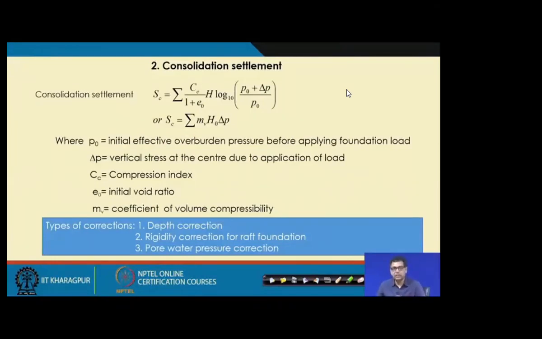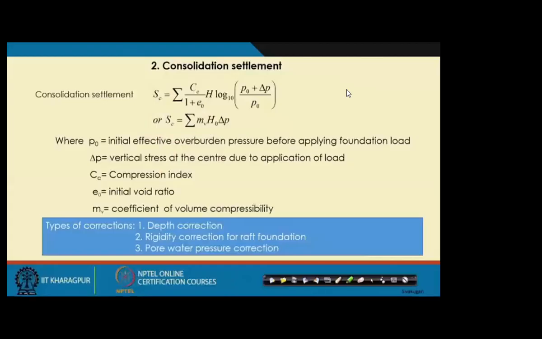Depth correction is common for the flexible footing and the rigid footing or the raft foundation, but rigidity correction is applicable only for the rigid footing or the raft, and not for the flexible foundation. The pore water pressure correction is applicable for both the flexible and the rigid footing.